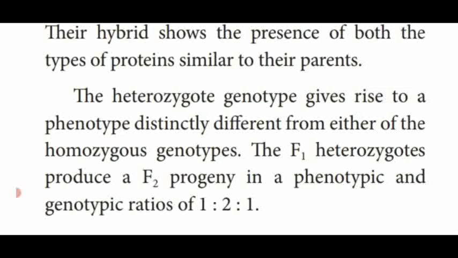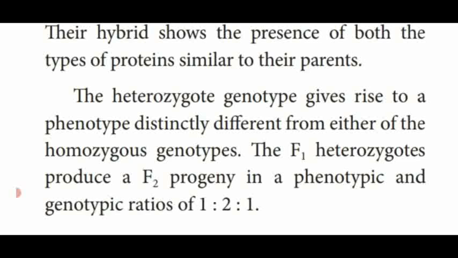So these two Gossypium plants are crossed and we get the F1 hybrid. The F1 hybrid shows an extra additive band pattern, because the seed protein contains the characteristic features of both parents.